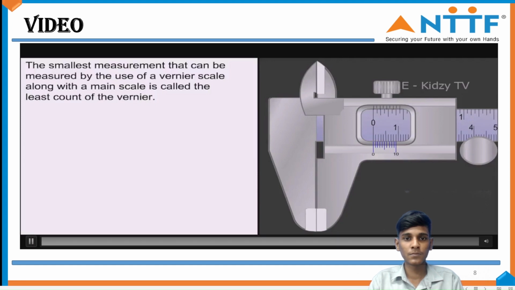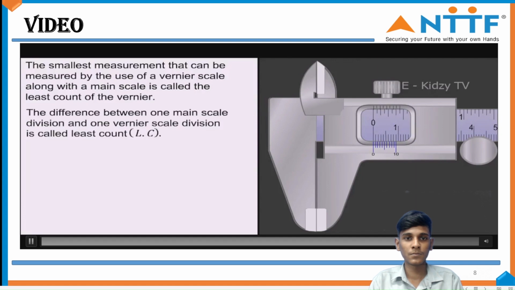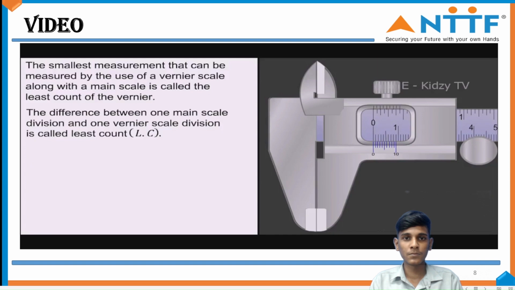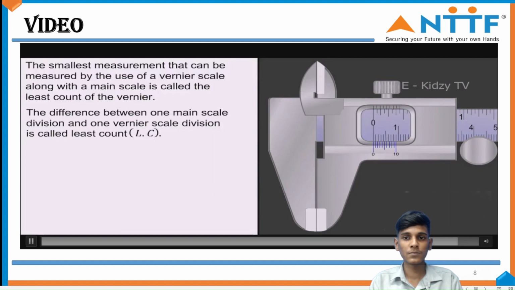In other words, the difference between one main scale division and one vernier scale division is called the least count, or LC. Therefore, least count is equal to 1 main scale division minus 1 vernier scale division.